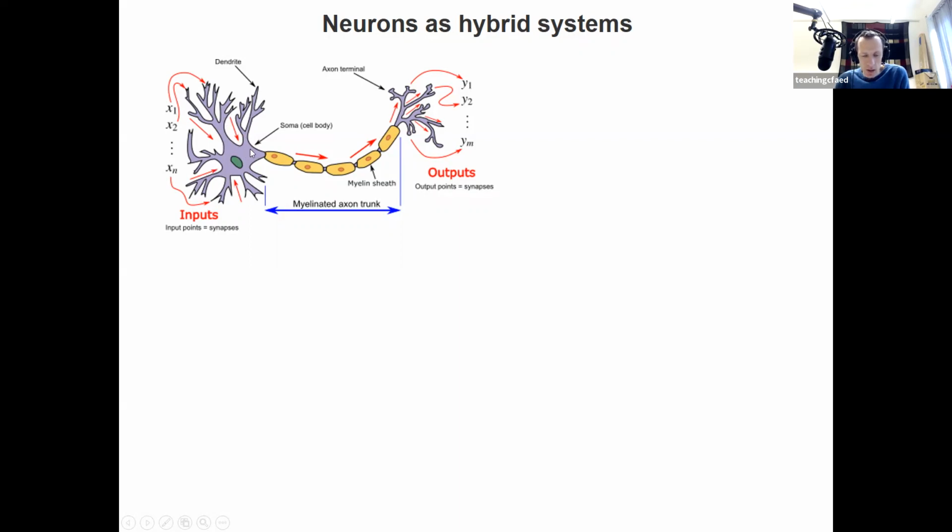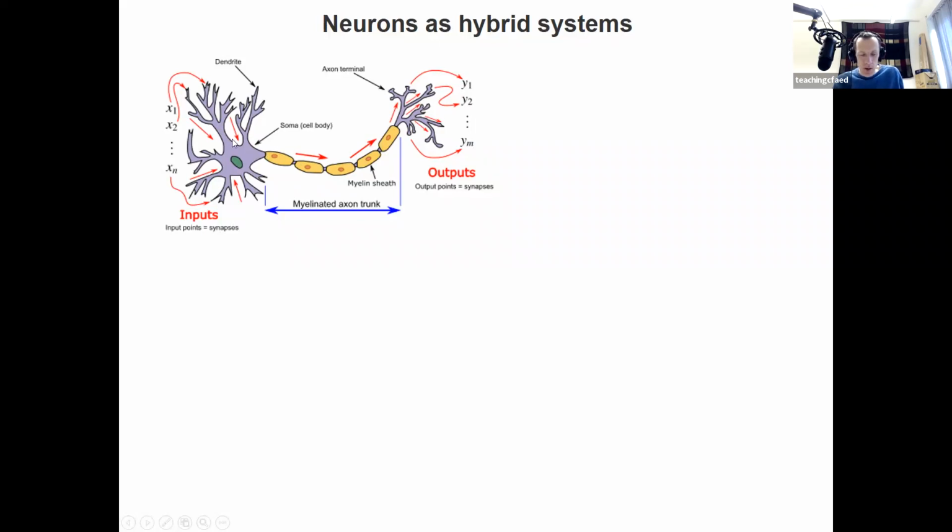Depending on the state of the cell body, whose main variable is the membrane potential, the voltage between inside and outside of the cell, the cell might emit an action potential, so an electrical signal itself, which then propagates along an axon. It might be myelinated or not, it's not important, it's just some transportation line, and then transferred to other neurons, which are like outputs.